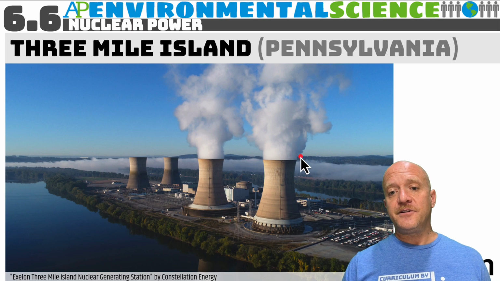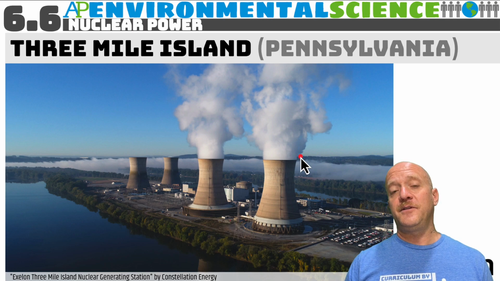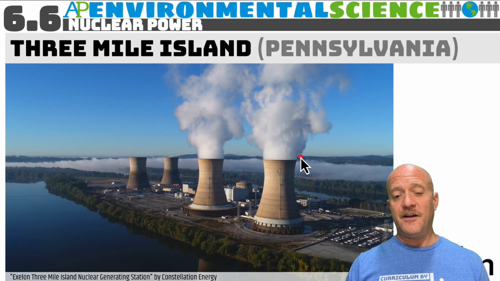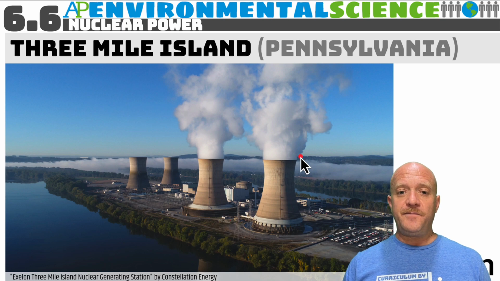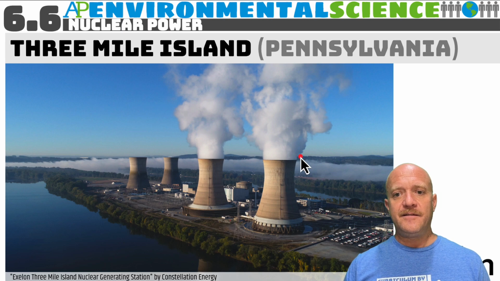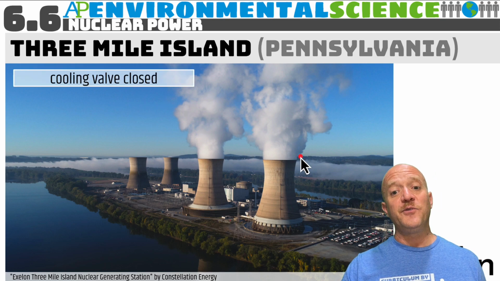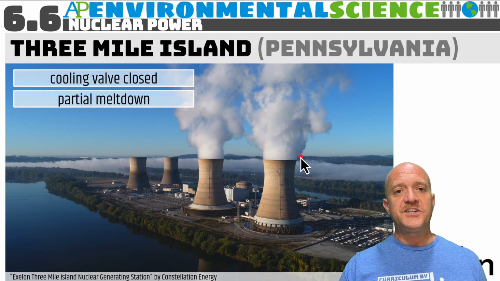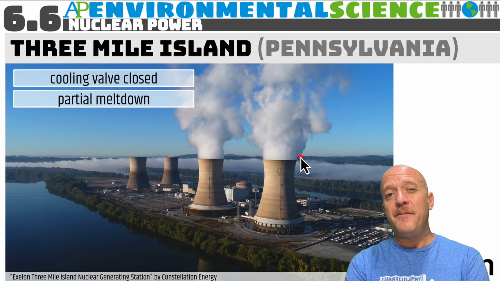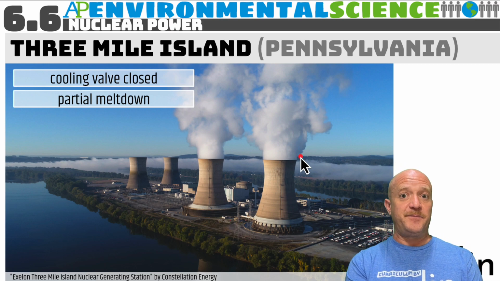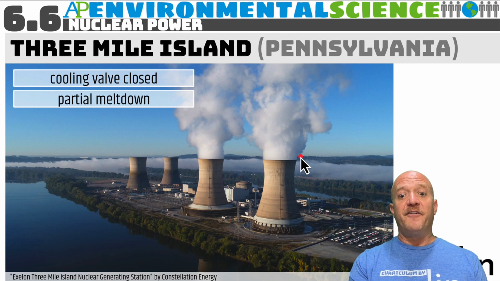Now, there have been 3 major nuclear disasters in our history. The first one was Three Mile Island, and that is out in Pennsylvania. What happened was a cooling valve was closed, which caused a partial meltdown. And a meltdown is just a way of saying some level of malfunction.